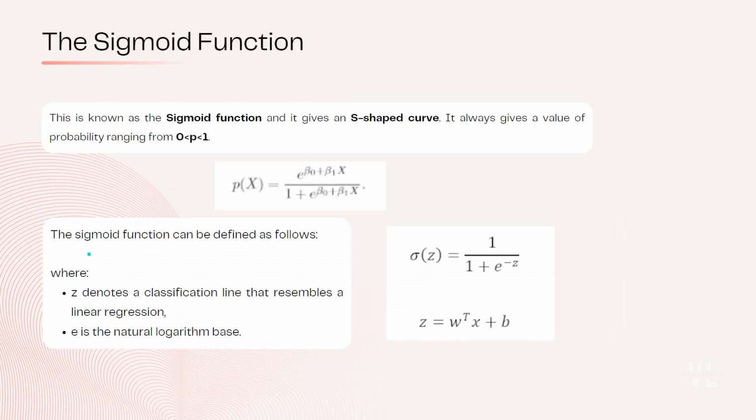The sigmoid function can be defined as follows, where Z denotes a classification line that resembles linear regression. Z is equal to W transpose X plus B, which is simply a linear regression equation, and e is the natural logarithm base.